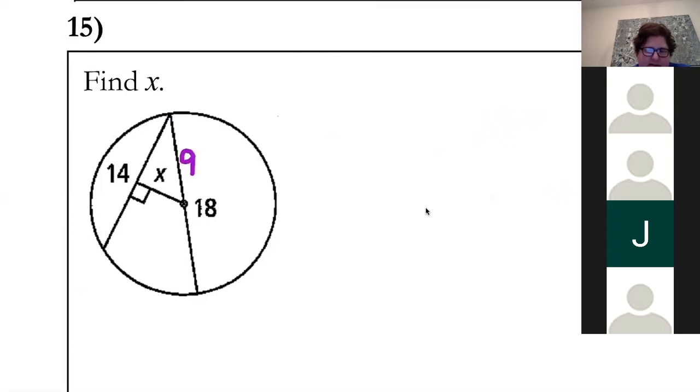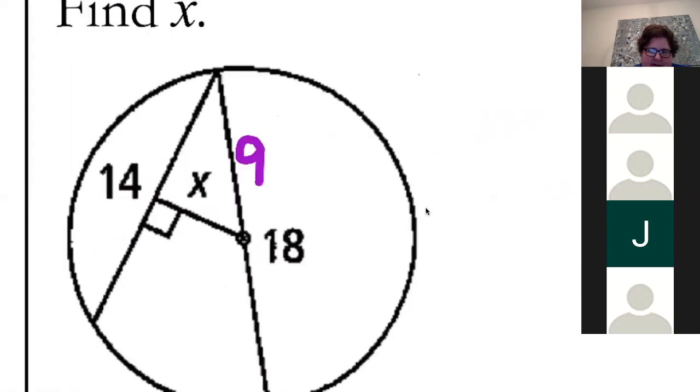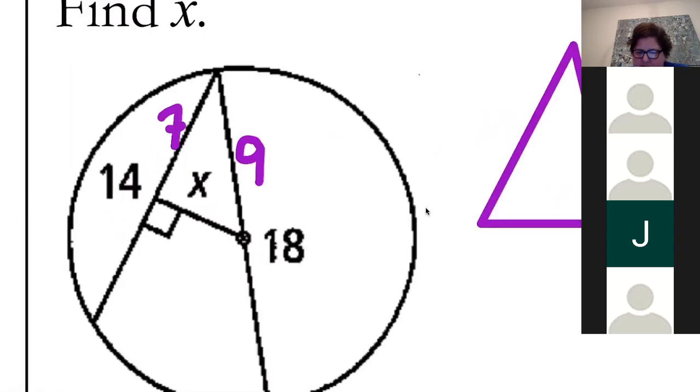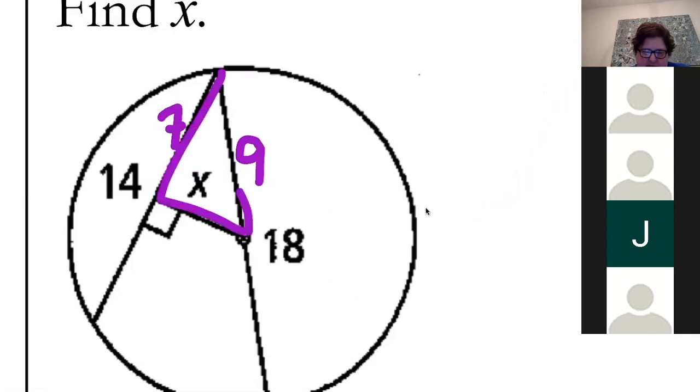And then 14 is the whole chord. And a radius or diameter perpendicular to a chord. So if I were to stretch this out, that would be a radius. A radius perpendicular to a chord bisects the chord. So we would know that that makes that part 7. So you're really just looking at this little right triangle here.